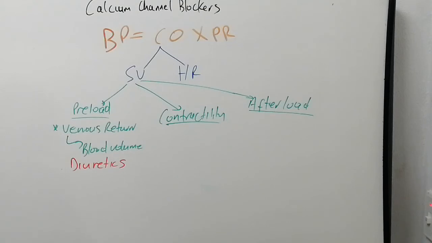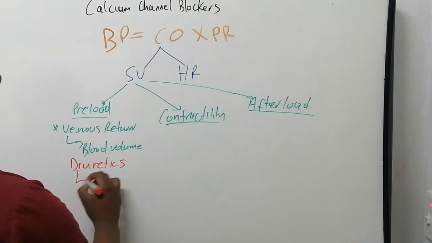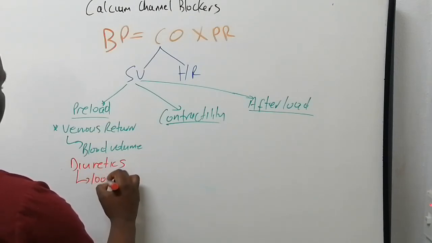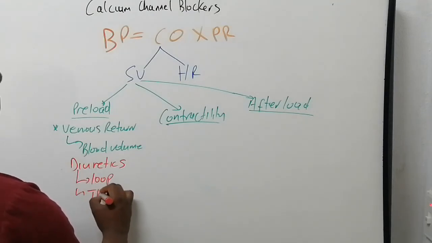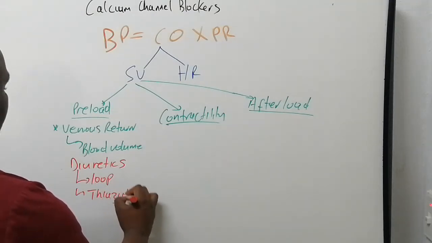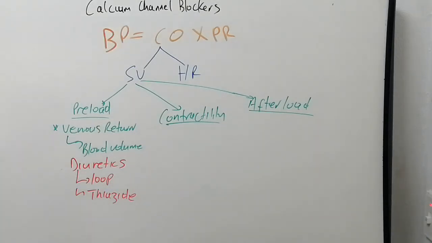The more urine they produce, their blood volume is going to decrease, their venous return is going to decrease, meaning their preload will decrease, stroke volume will decrease, cardiac output will decrease, and eventually BP will also decrease, right? And we know that for diuretics, the most common ones, there are two classes that we have. We have the loop diuretics and the thiazide diuretics. We are going to talk about this later.